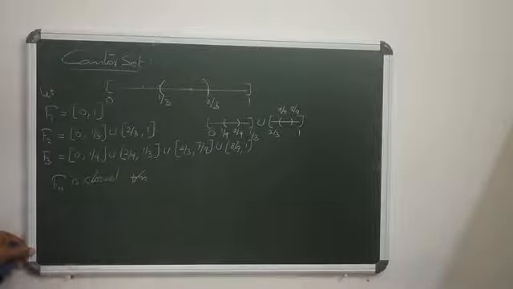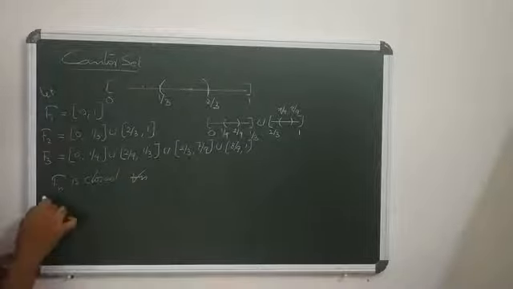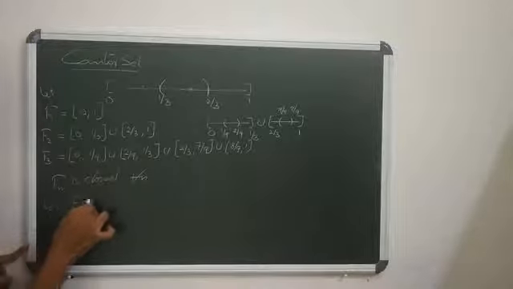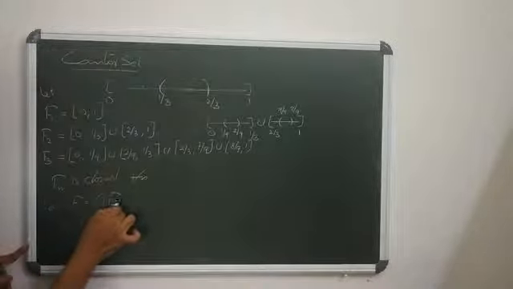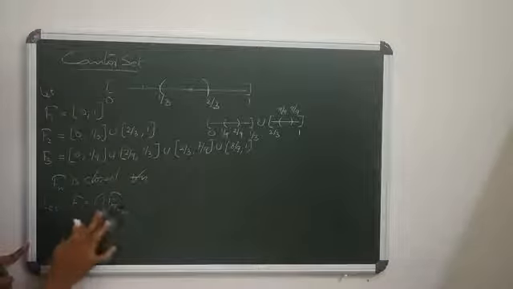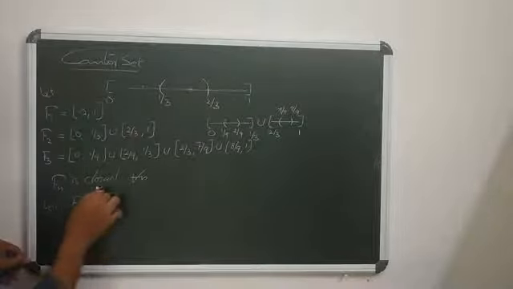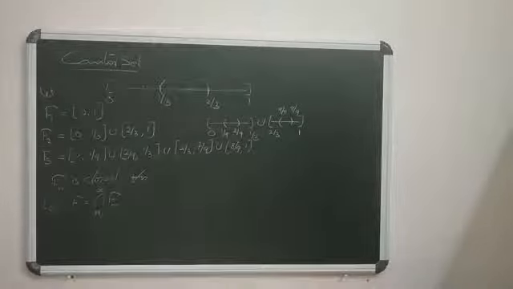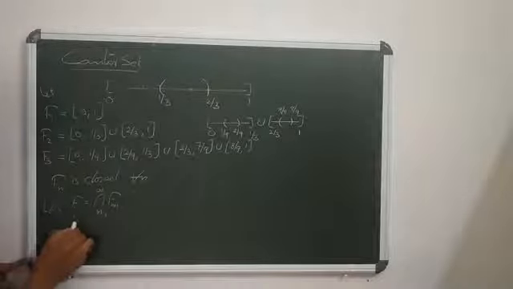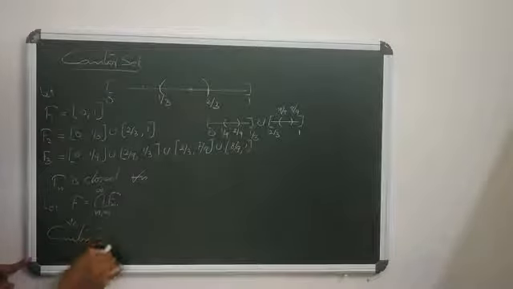Agreed. So let's consider F equals intersection of Fn, where n ranges from 1 to infinity. Intersection with respect to n means this process continued indefinitely. Therefore, let F equal intersection of Fn. So this F is called a Cantor set.